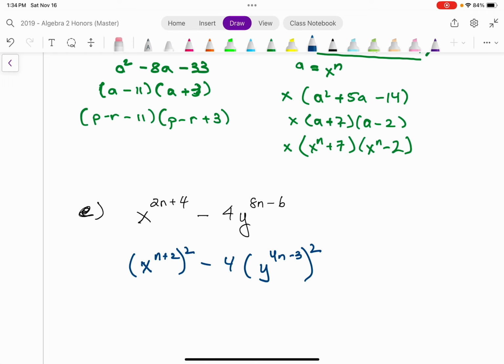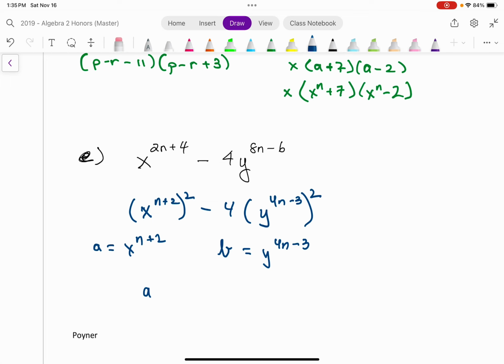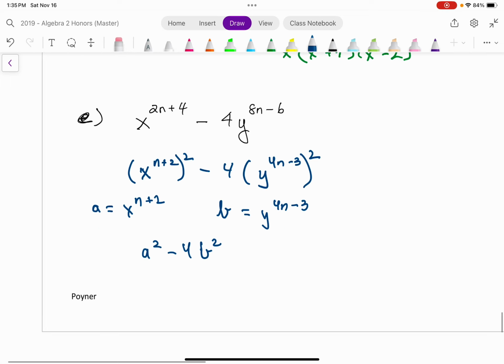And then here I could let a equal x to the n plus 2. And for my b's, I apologize in advance, maybe I'll do a scripted b, otherwise they look like a 6. b is y to the 4n minus 3. So that I could rewrite this as a squared minus 4b squared, which then factors as the difference of squares.